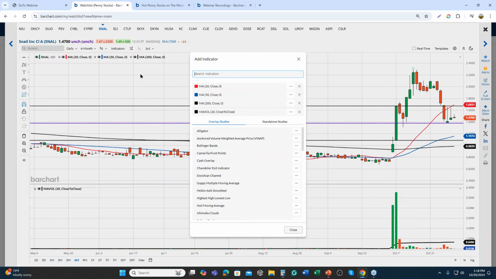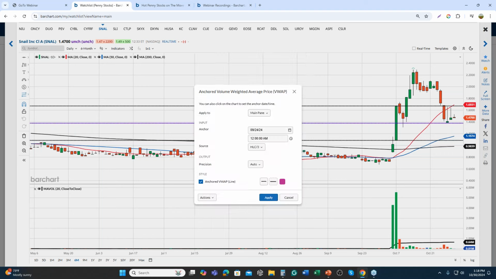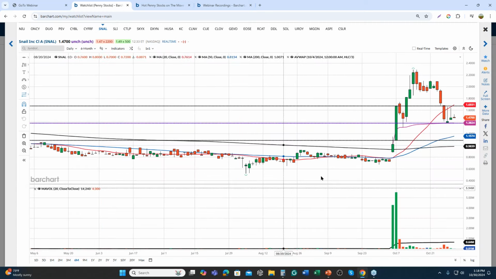And again, if we go back to our anchored VWAP and I add that based on where the rocket ship took off, then you would notice that even though it's horizontal now, it is acting as a level of support.